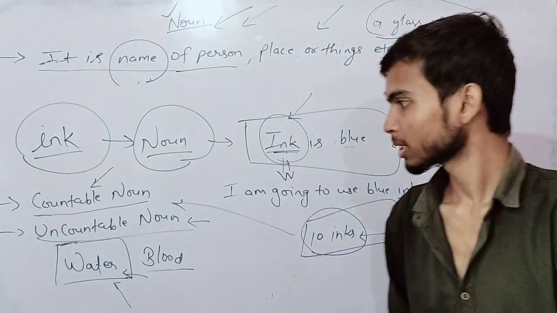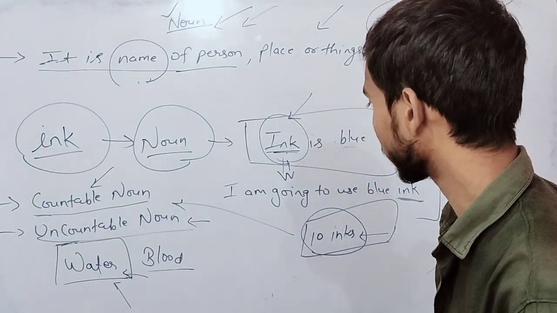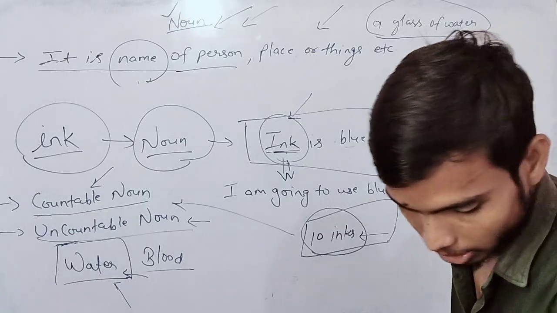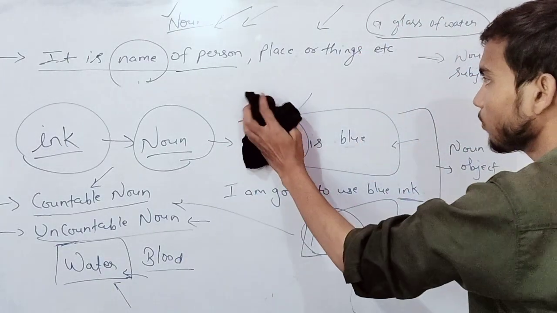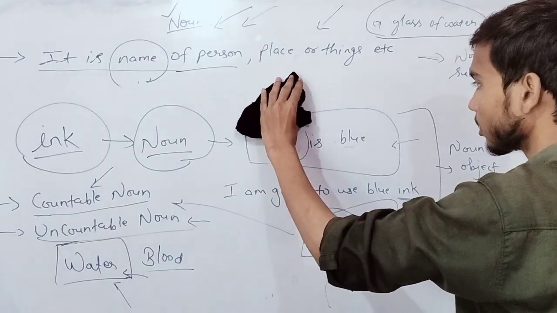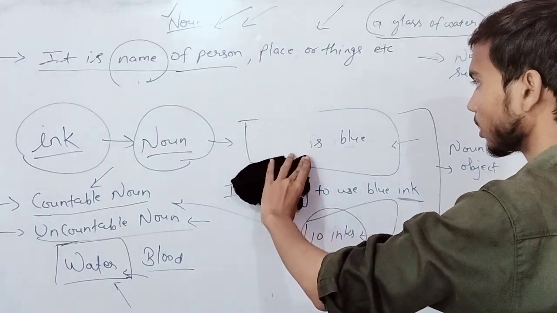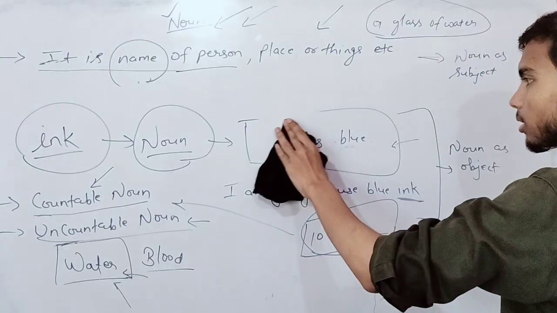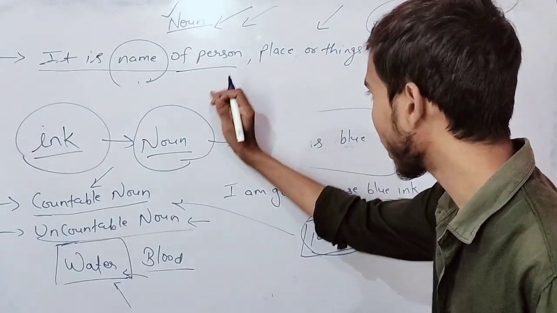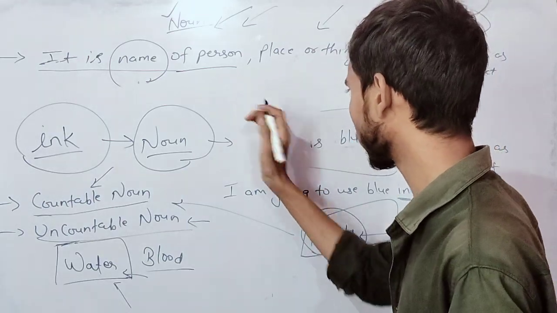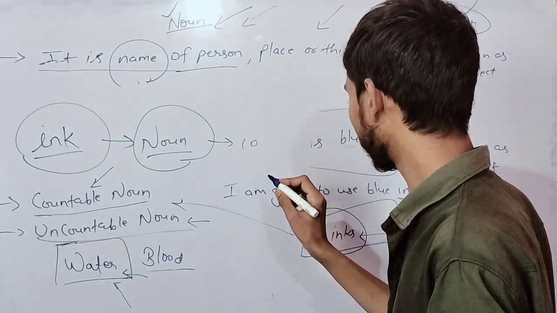Clear? But here remember, something crazy will happen with you. Here, if you take, we were saying that ink is blue. Now, as ink was singular, now I am writing plural here.